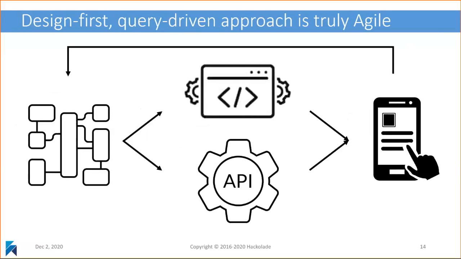But then there's a next step, which is what's called the design first approach. You don't just design the API first, you also design the whole application, its underlying data model, and you ensure that it will all work well together.